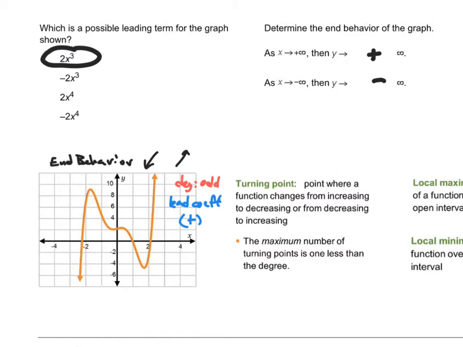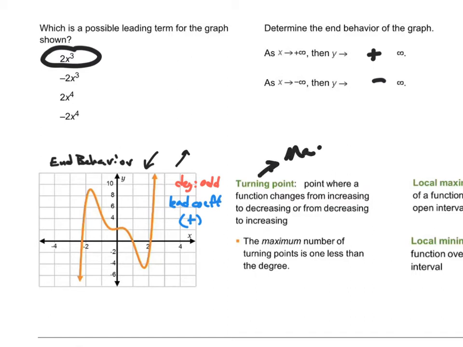And so what we have here are these things called turning points. A turning point is a point where a function changes from increasing to decreasing or from decreasing to increasing. We've talked about that. This is where you get maximums and minimums.